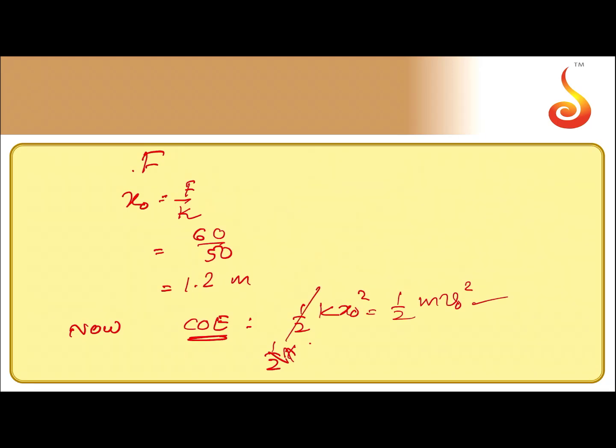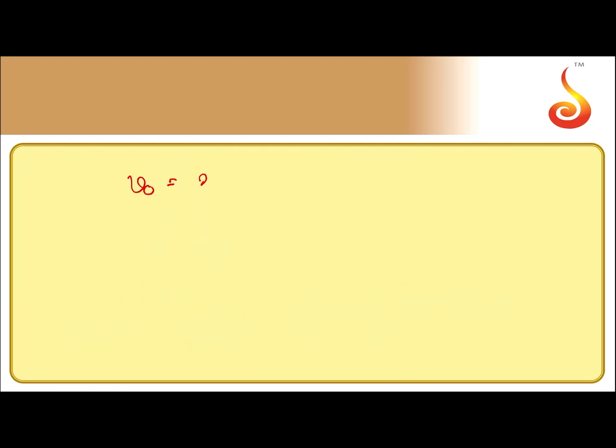We can write v naught therefore is equal to, half and half cancel here, and v naught is equal to x naught root of k by m. So x naught root of k divided by m, and we have found the value of x naught, which is 6 by 5. K is known to us. What is the value of k? K is 50. The mass of the block is 2.